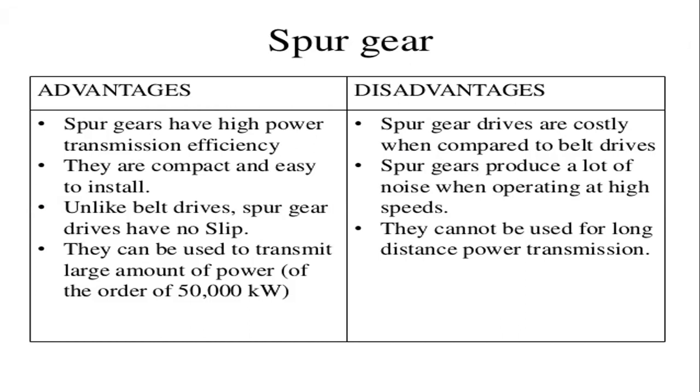Generally these gears are used to transmit high power, and they are very compact and easy to install. They are very commonly used gears and consist of a very simple design.